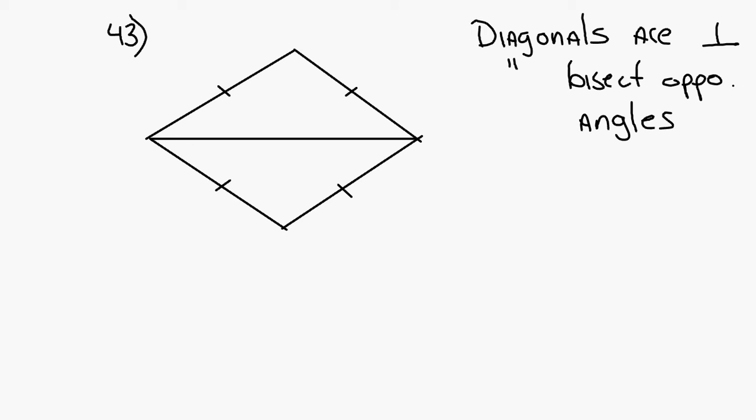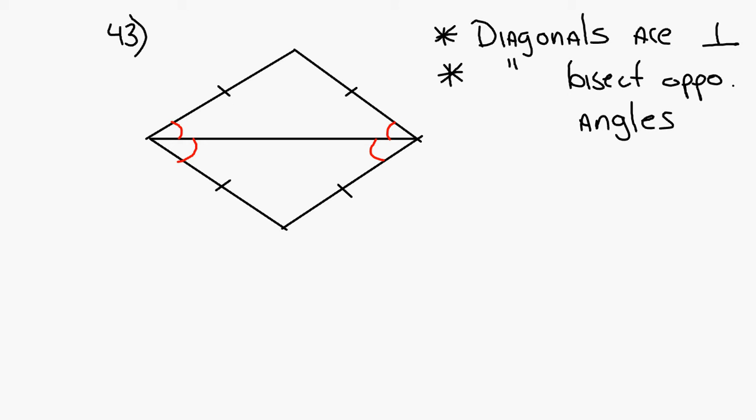All right? So, all the sides are congruent. The diagonals are perpendicular. And the diagonals bisect opposite angles. That means that this horizontal line right here, it means that this piece is the same as this piece, which is the same as this and this.